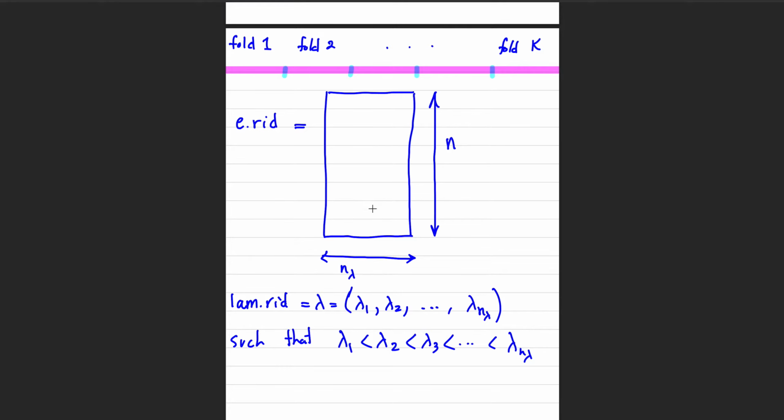So each column of this E ridge matrix corresponds to one of these lambdas. First fold, second fold, third fold, fold k.